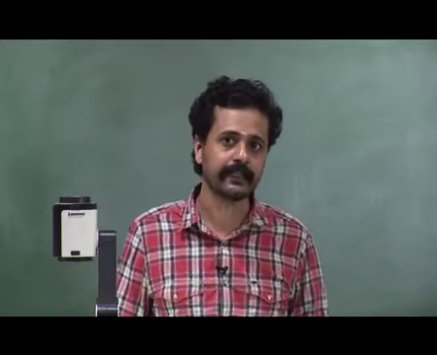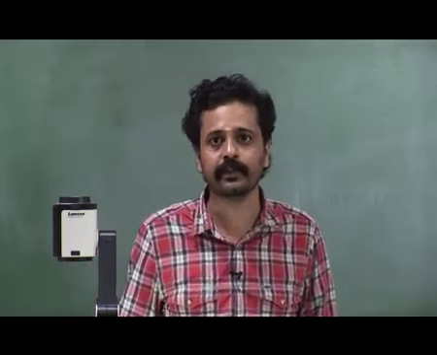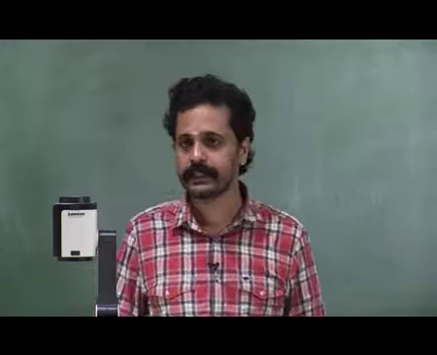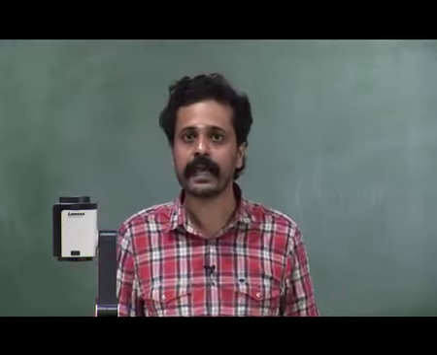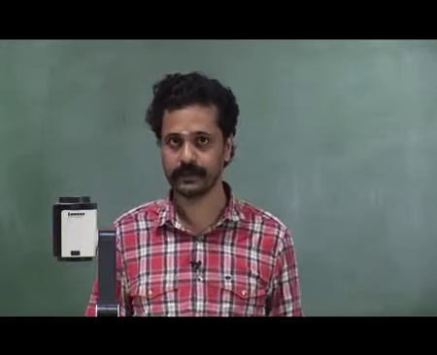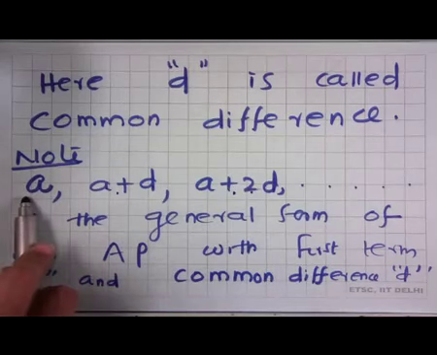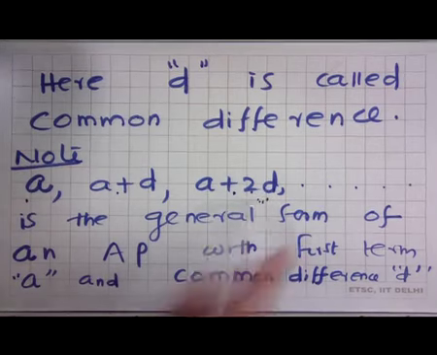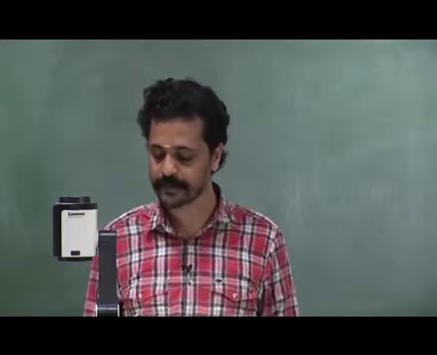If there are n terms, there are n minus 1 common differences, and the nth term can be obtained from the first term by adding these n minus 1 common differences. Do you see it? The third term can be obtained from the first term by adding 2d. And what is that 2d? 2 common differences when we move from the first term to the third term.